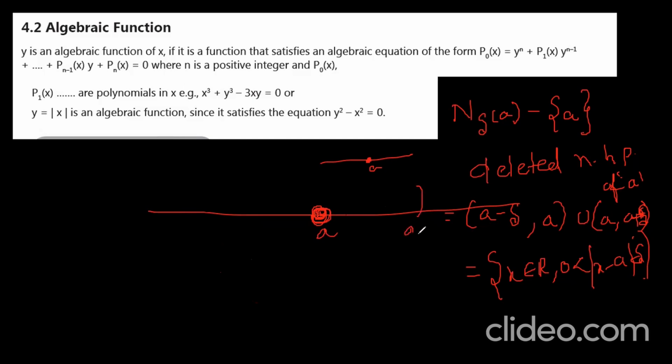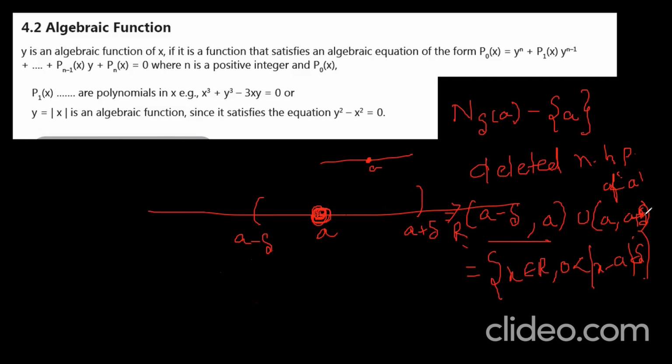This is A plus delta, and this is A minus delta, on the real number line. Got it? This is the deleted neighborhood. A minus delta, comma A is the left deleted neighborhood, and this is the right deleted neighborhood.